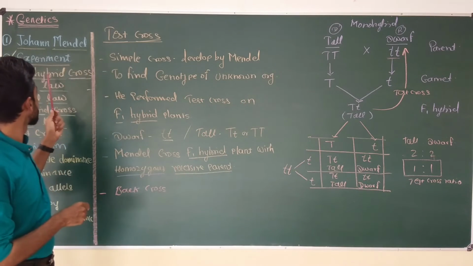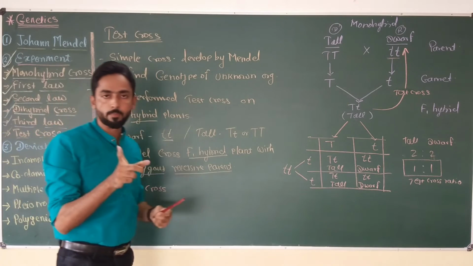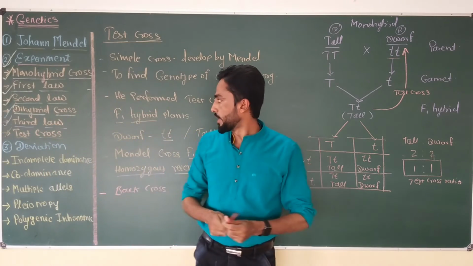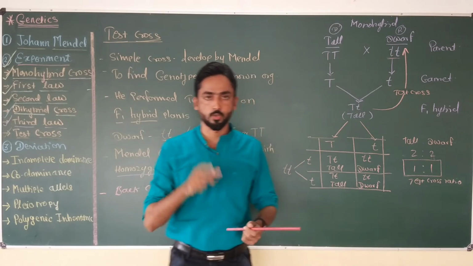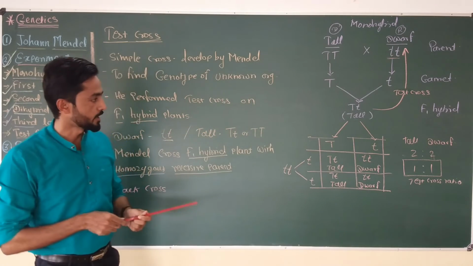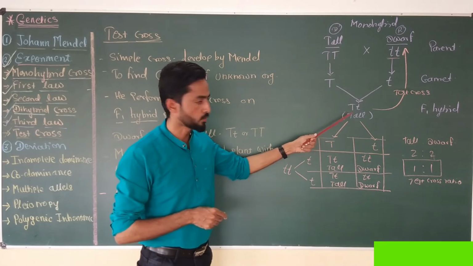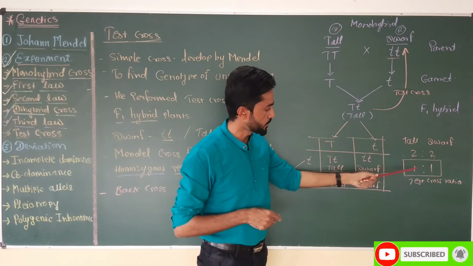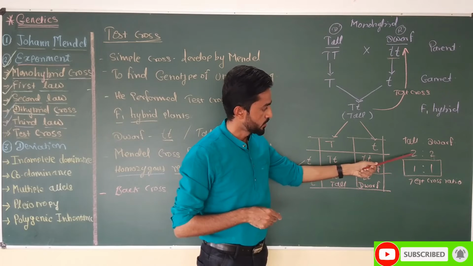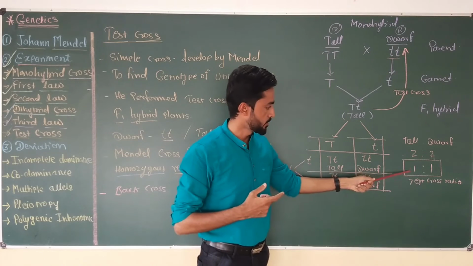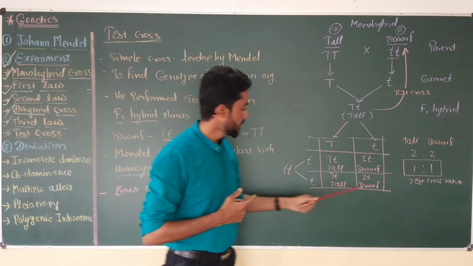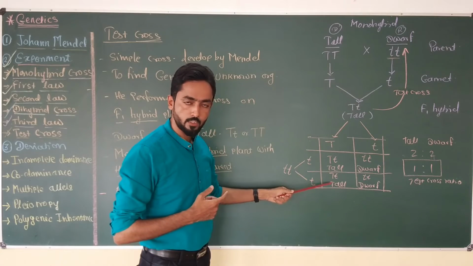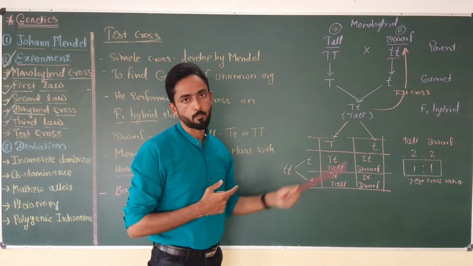Monohybrid cross shows phenotypic ratio 3:1, while dihybrid cross shows phenotypic ratio 9:3:3:1. Now the test cross, which is the cross between F1 hybrid and dwarf parent, is going to show phenotypic ratio 2:2, or we can write 1:1, because we are going to get 50% tall and 50% dwarf plants.